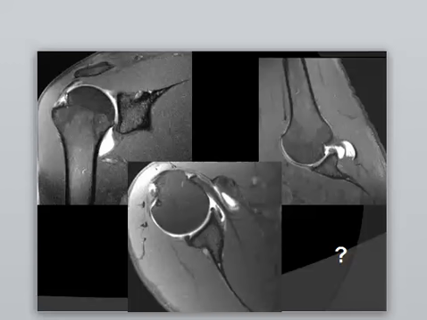Now here, where is the lesion? The lesion is superior. It is a superior labral tear, and there is a line here representing a partial tear of the infraspinatus.